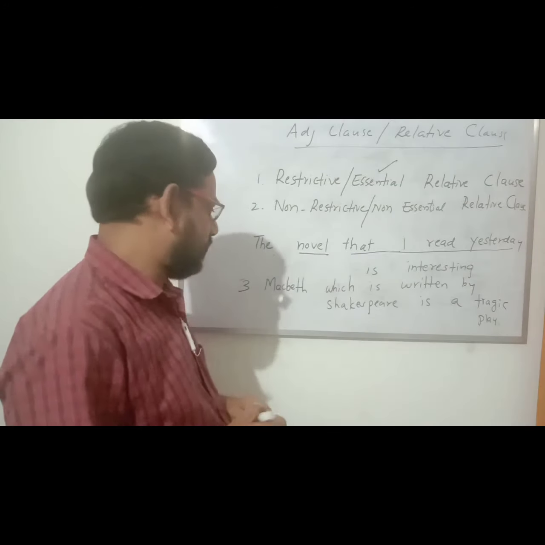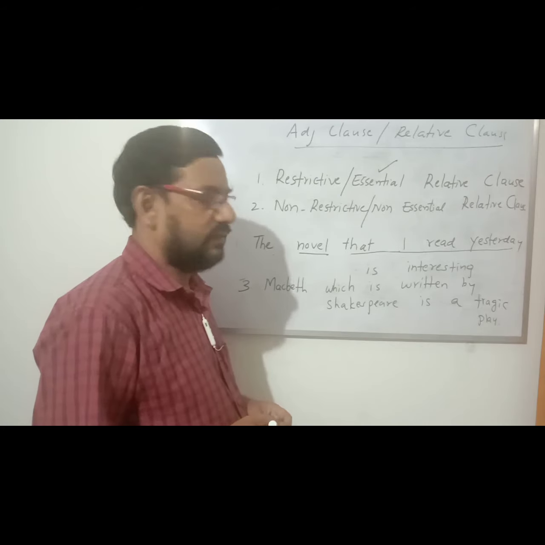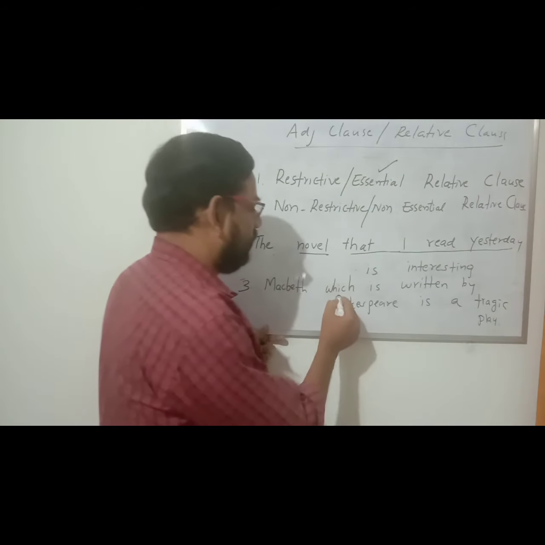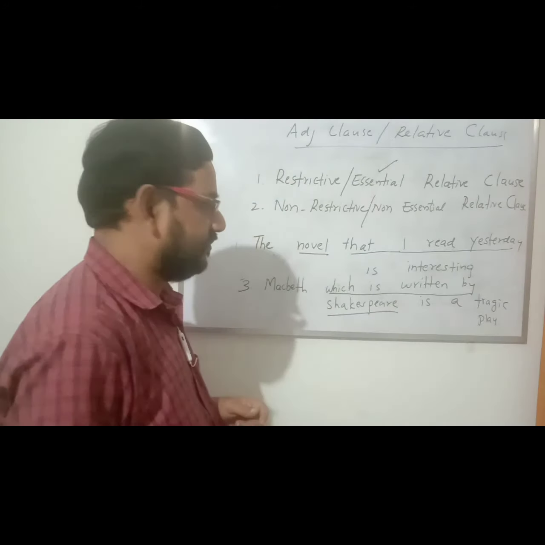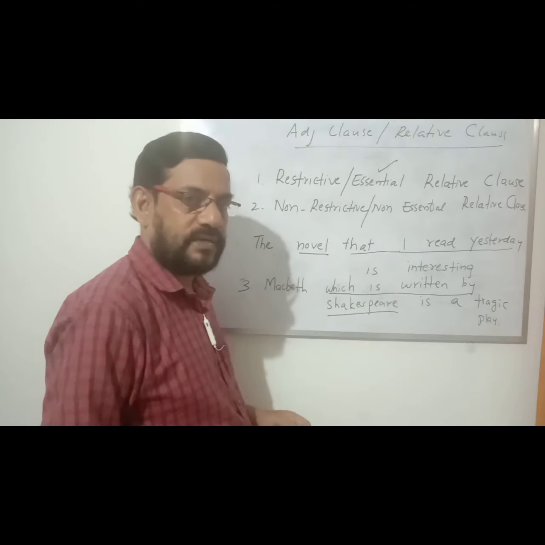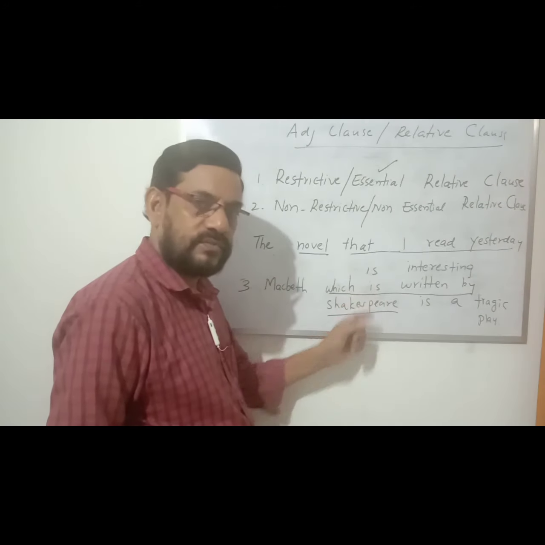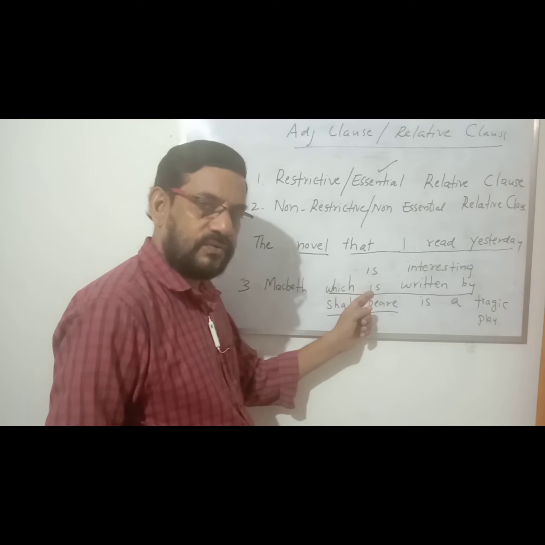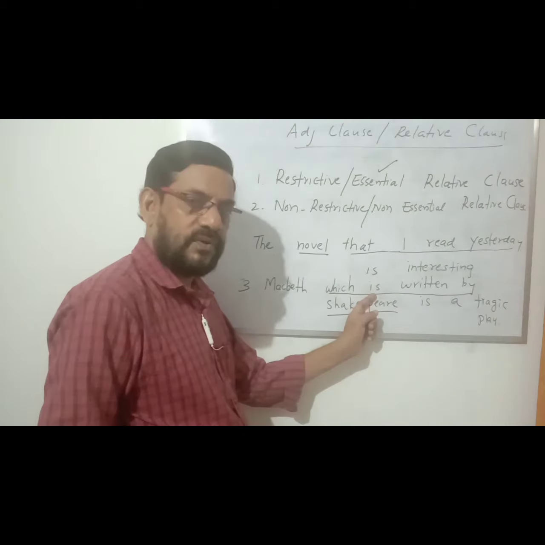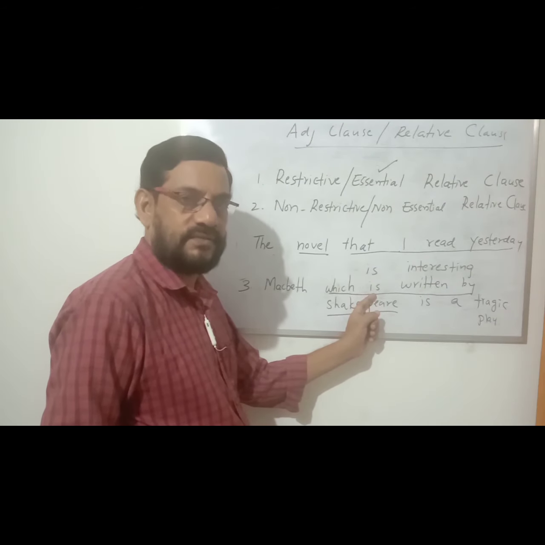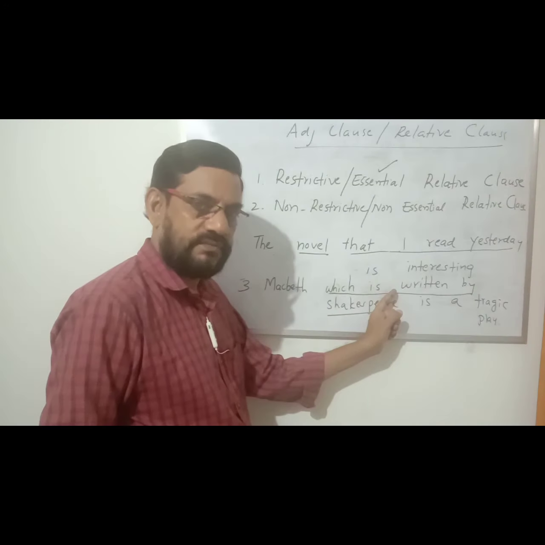You see this sentence. Macbeth, which is written by Shakespeare, is a tragic play. What is the adjective clause? Which is written by Shakespeare. Which is written by Shakespeare is a modifier in the form of a clause. So this is a modifying clause. This is modifying a noun. So this is an adjective clause because this is doing the function of an adjective. Okay, relative. Macbeth is related using this clause, relative clause.